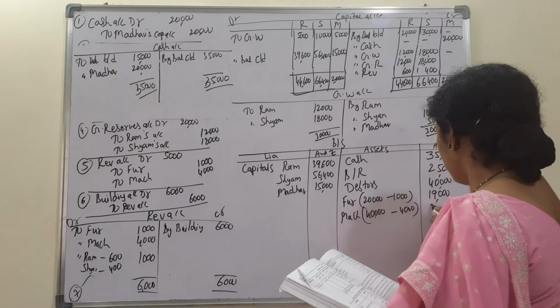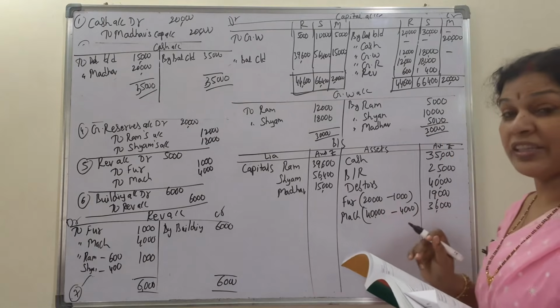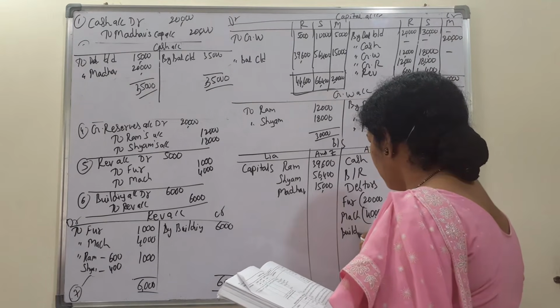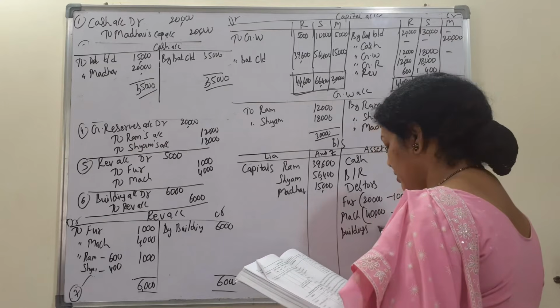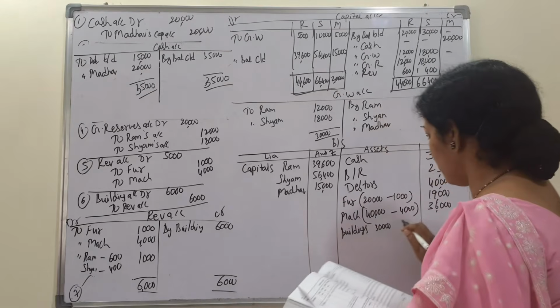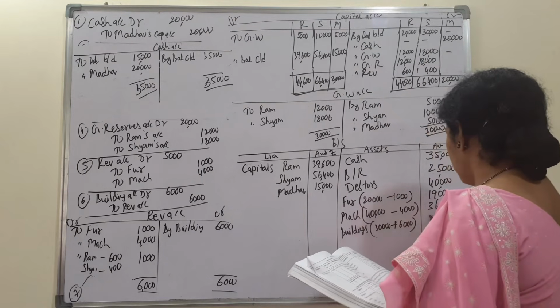It is 36,000. Next, buildings. There is an appreciation for buildings. Buildings is 30,000 plus 6,000. So it is 36,000.